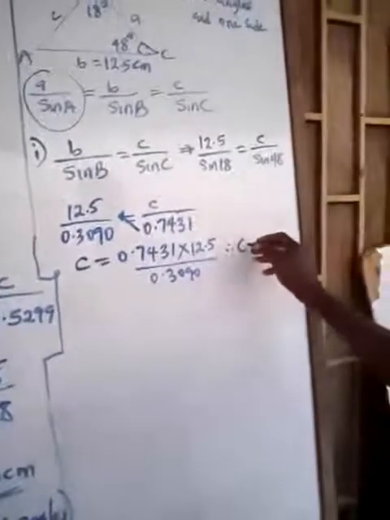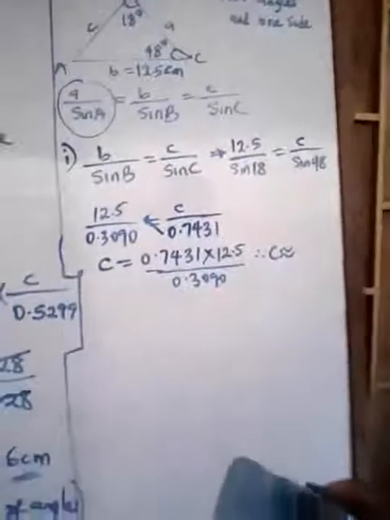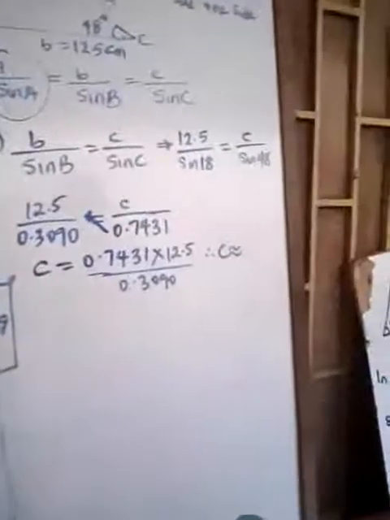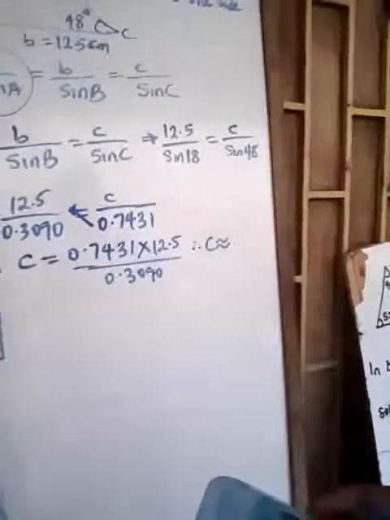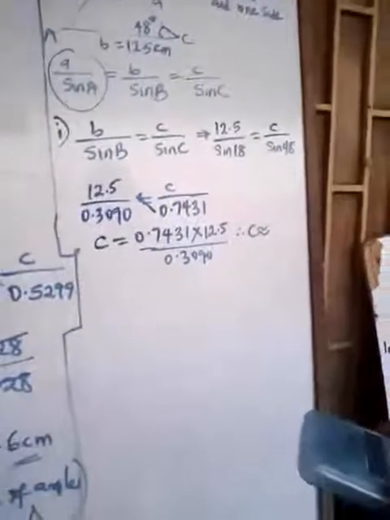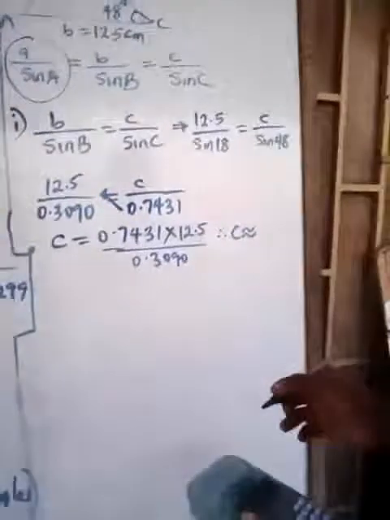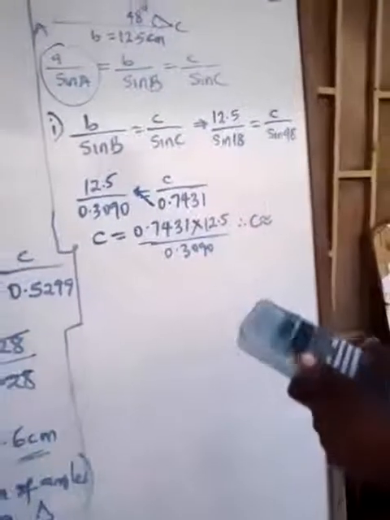If we divide this properly, 0.7431 times 12.5 all over 0.3090.